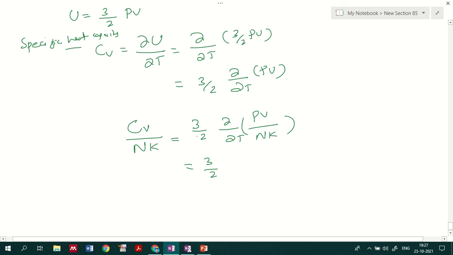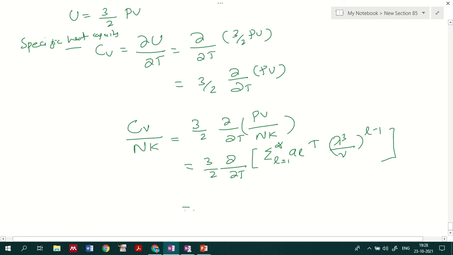So this becomes 3 by 2 dou by dou T of sigma over l equal to 1 to infinity of a_l T into lambda cubed by nu raised to l minus 1.